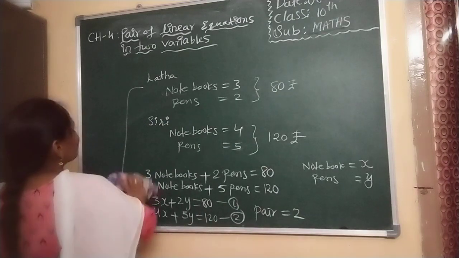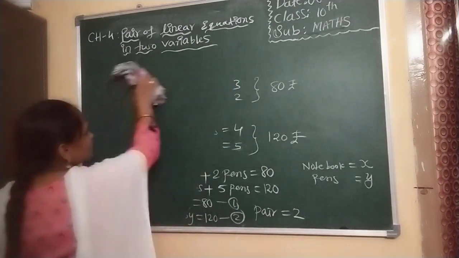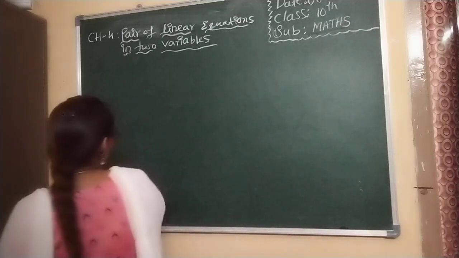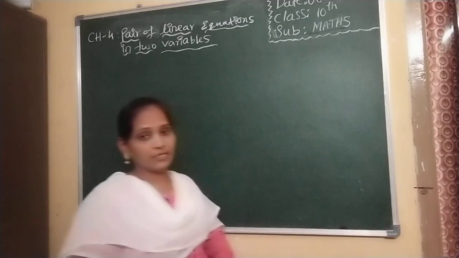Now what is the general form of a linear equation in two variables? First I'm talking about one linear equation.